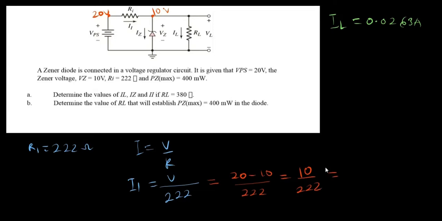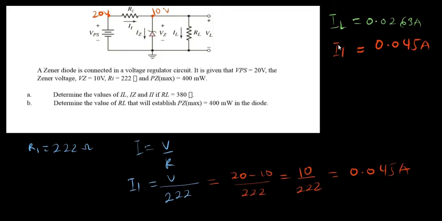So let's see the value of this. 10 divided by 222 gives me a current value of 0.045 ampere. So this will therefore be the input current from the source. The input current, I input, equals 0.045 ampere.